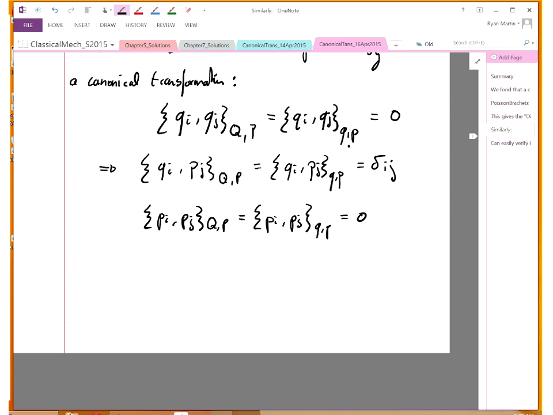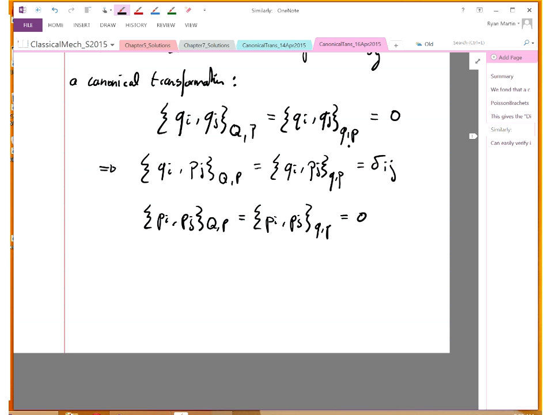At least that's true if I'm doing it between the coordinates. So the plus one bracket between coordinates certainly appears to be invariant to canonical transformation. It doesn't matter in which coordinate system I do a plus one bracket of the coordinates. That leads to this easy result for checking if the transformation is canonical.